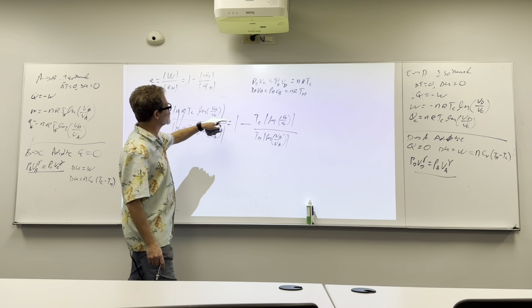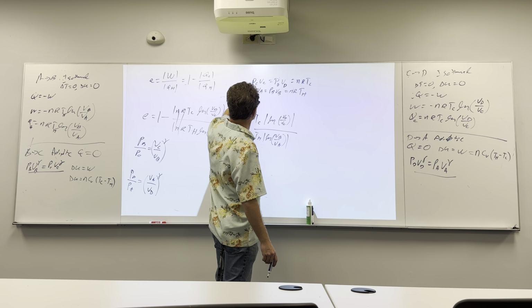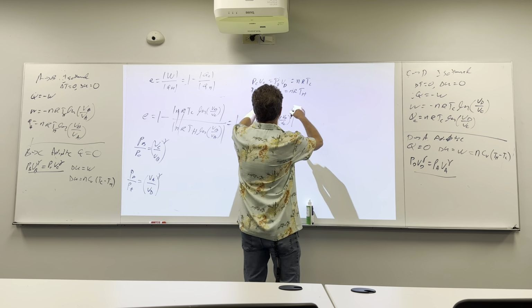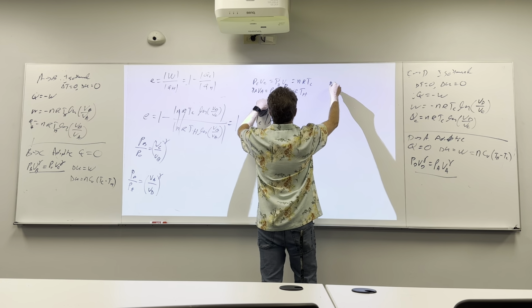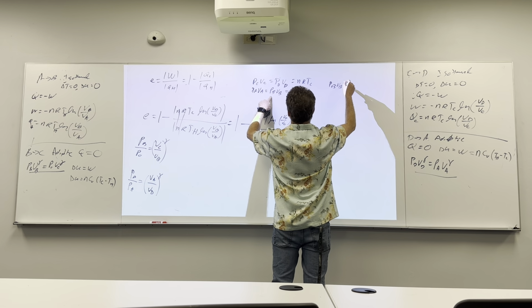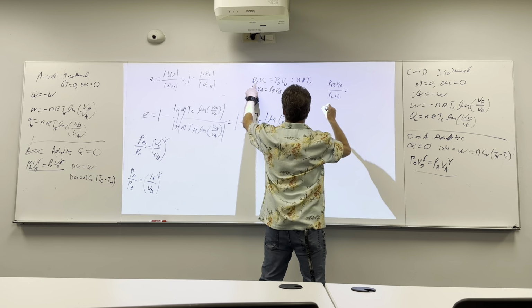No, let's just divide. PB over PC. So, if I take this equation, divide by that equation, what do I get? I get PBVB divided by PCVC equals what?